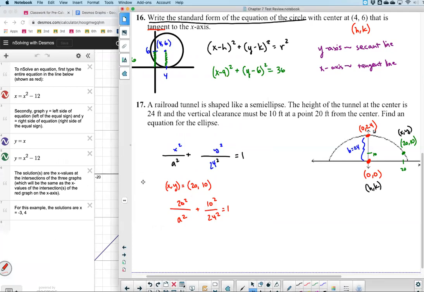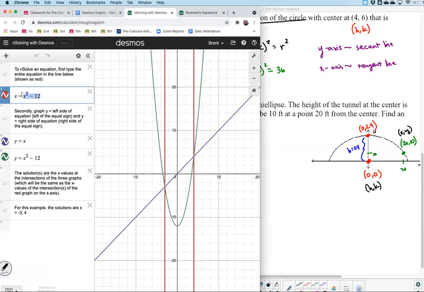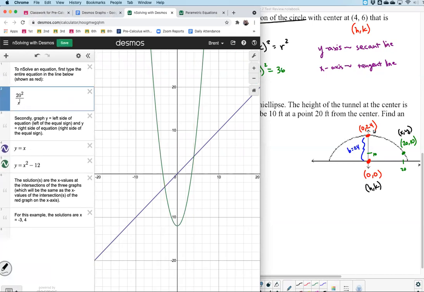You first type in the equation as given, but you have to use the variable x. So I'm actually going to replace this with an x here. That's how I'm going to actually type it in. So it was 20 squared divided by x squared plus 10 squared, which could be 100 if you want to put it that way, over 24 squared equals 1.